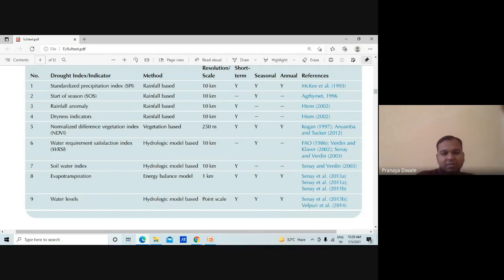NDVI is used to calculate the vegetation index of a particular area, and you need a good amount of resolution. You can go up to 250 meter, and this one is showing an old paper, but the resolution nowadays is very good.